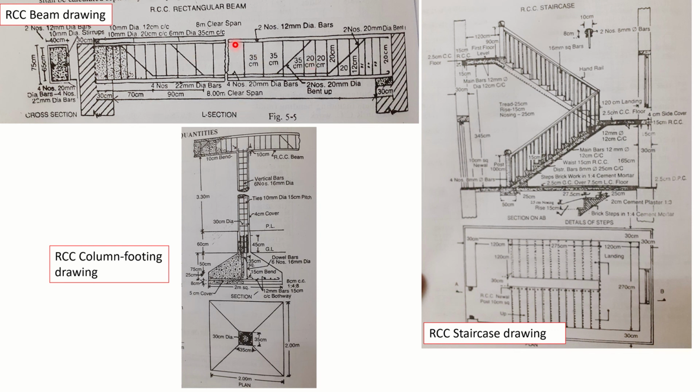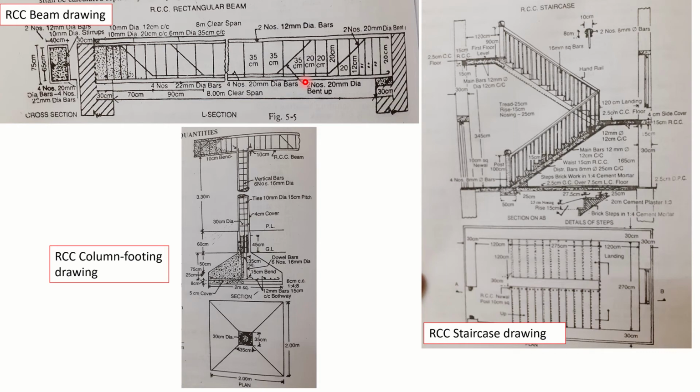This is for a rectangular beam. This is quite similar to how we do for RCC slab, so it is easier for you. Similarly, you have to calculate the various lengths. For RCC column footing also, you have to first calculate the quantity of concrete in both footing and column, and if we want the beam portion also you have to include.